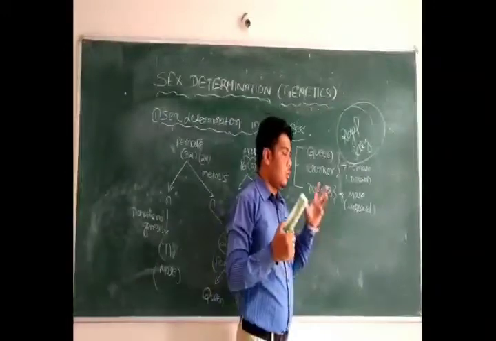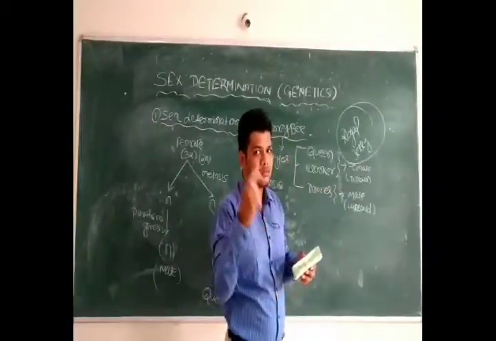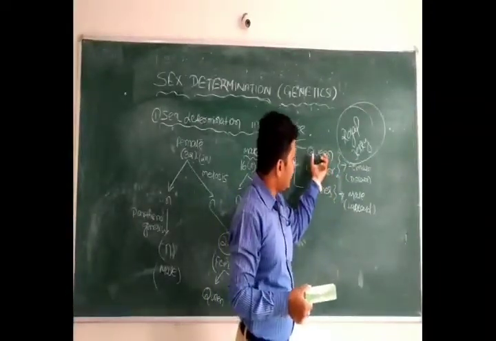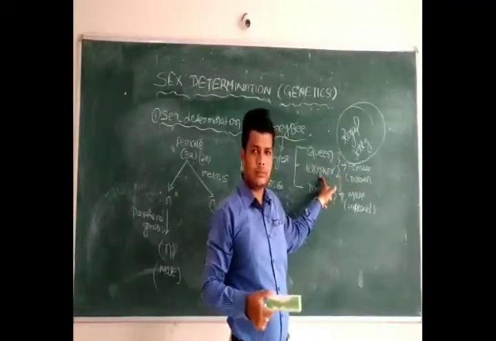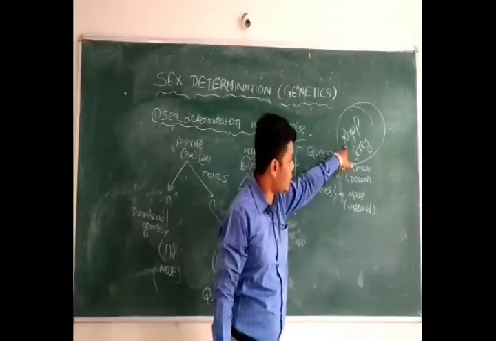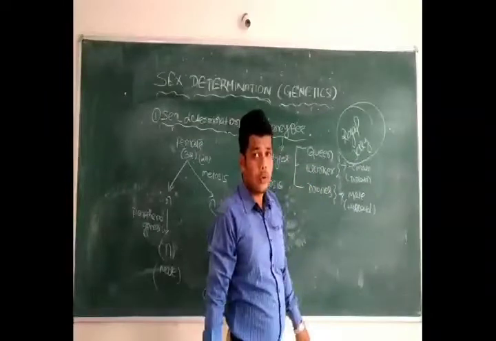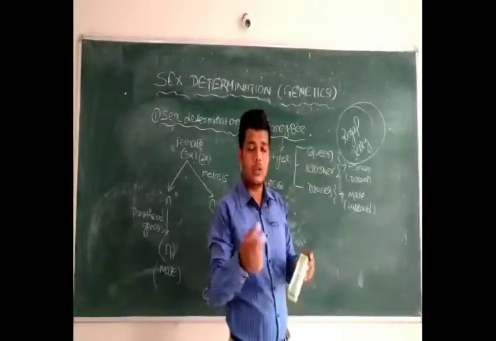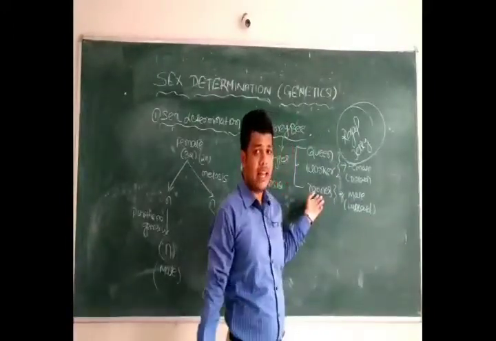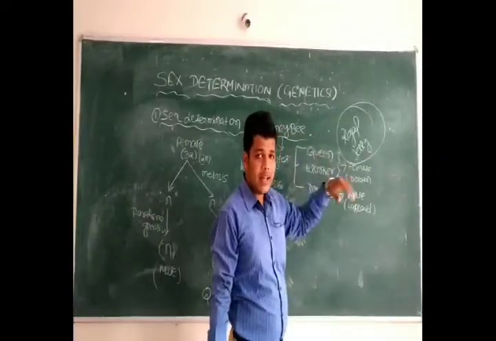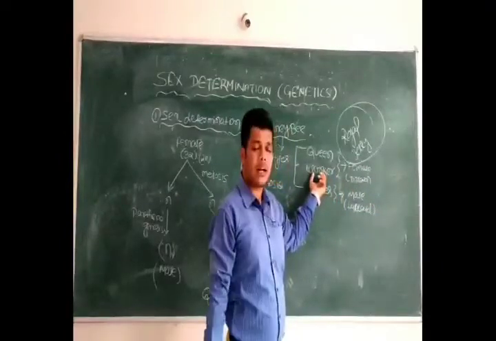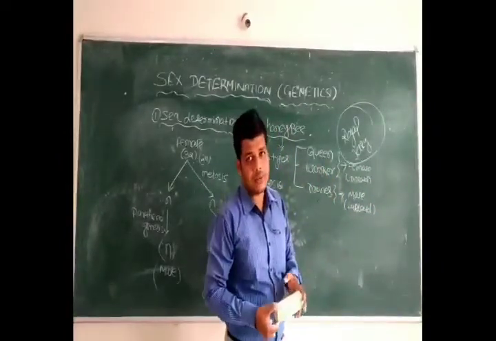Royal means that which belongs to the kings and maharajas, their food. So if a worker, after the death of the queen, is fed the royal jelly, then she becomes queen, and the queen has the power to lay eggs, and the males or drones fertilize the queen. But the worker only collects honey from the flowers.